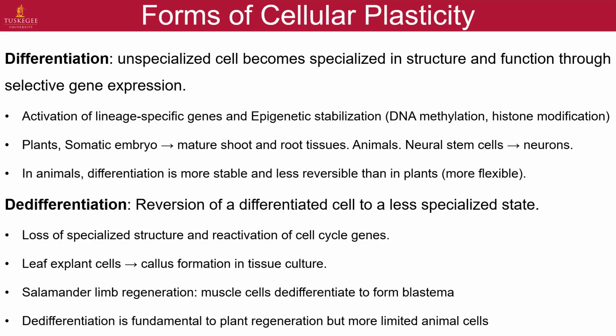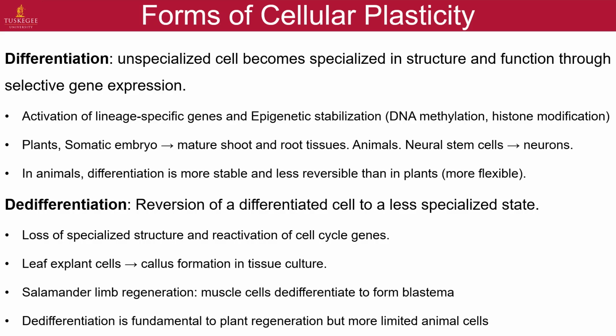While in animal cells, de-differentiation does not occur naturally. Most of the time it's induced. This is because cells permanently lose their totipotency. However, we have some examples of de-differentiation in animal cells, including salamander limb regeneration, where the muscle cells de-differentiate to form the blastema.